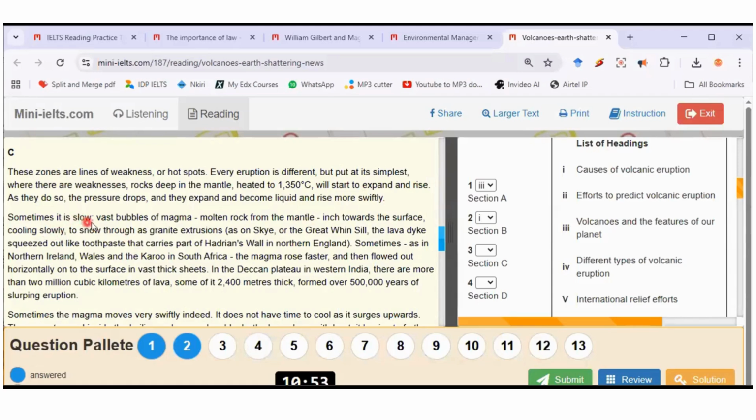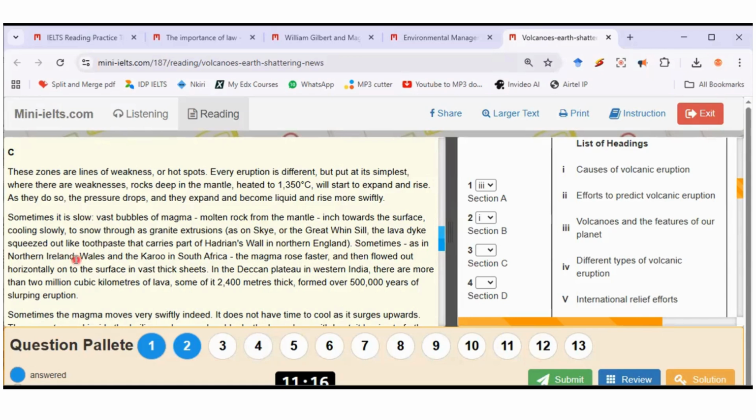Sometimes it is slow, vast bubbles of magma, molten rock from the mantle, inch towards the surface, cooling slowly to snow through the granite extrusion, as on Skye or the Great Whin Sill, the lava dike squeezed out like toothpaste that carries part of Hadrian's Wall in northern England.